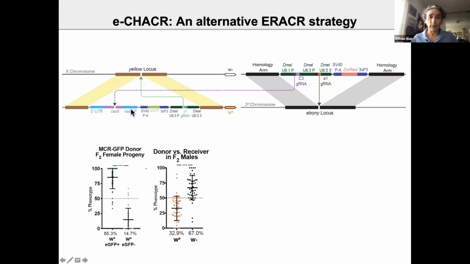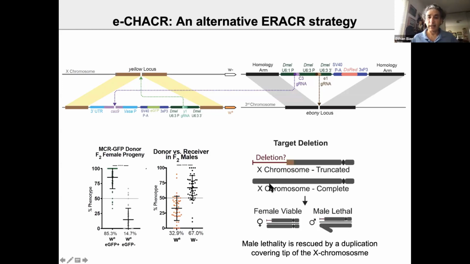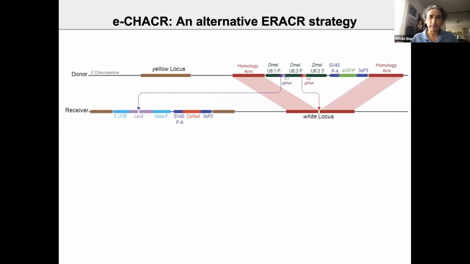So you're inheriting fewer of these white apricot chromosomes here in orange than the opposite chromosome. Again, consistent with this idea of chromosome damage. And again, you can take these individuals here and isolate these mutations that have resulted from this action, and they're lethal in males, but can be rescued by the tip of the X. So eCHACRs can also damage the gene drive chromosome.